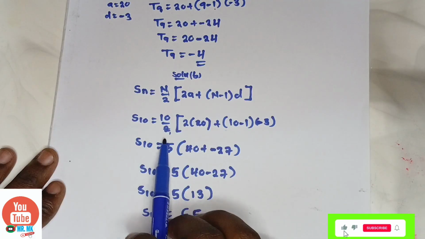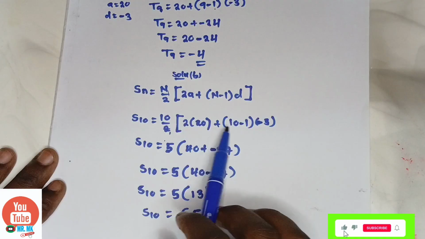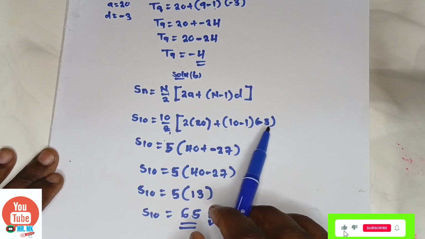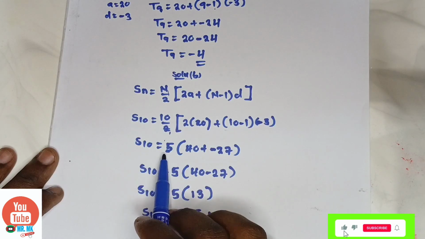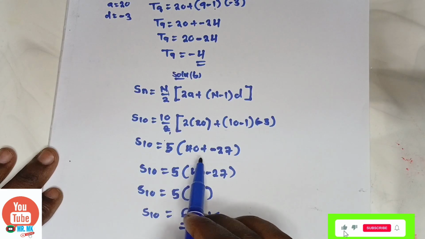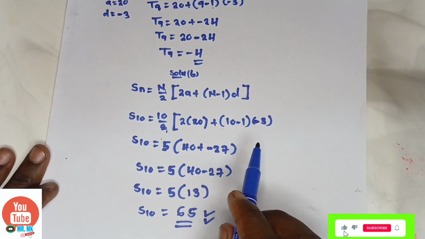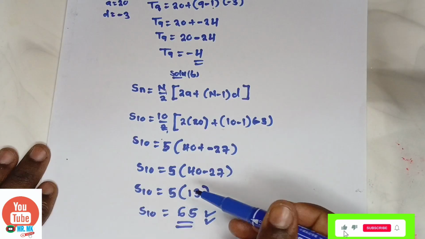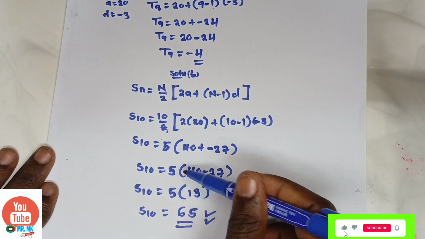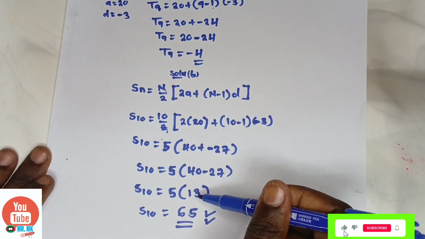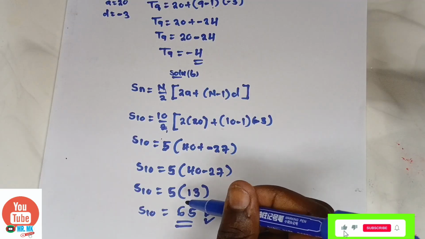You say 10 divided by 2, times, open bracket, 2 into 20, where 20 is the first term, plus 10 minus 1, close bracket, times negative 3, which is the common difference. 10 divided by 2 is 5. 40 plus 10 minus 1, which is 9, times negative 3, that is negative 27. 40 minus 27 is 13. The sum of the first 10 terms will be 5 times 13, which is 65.